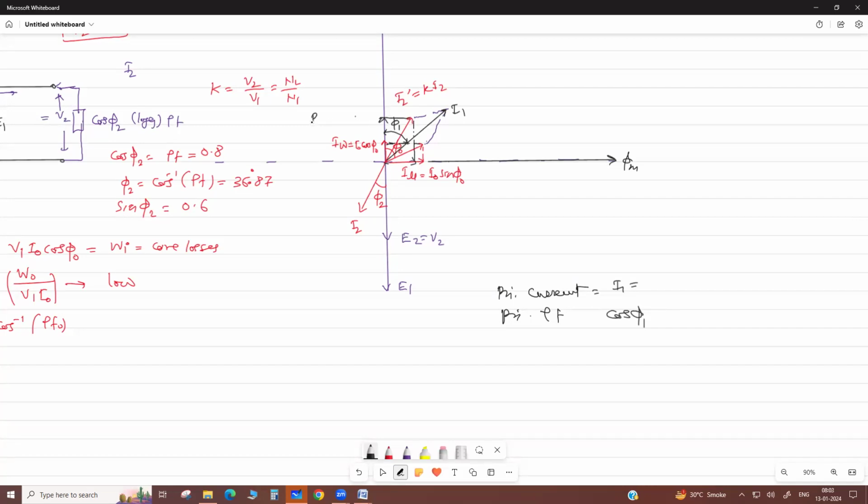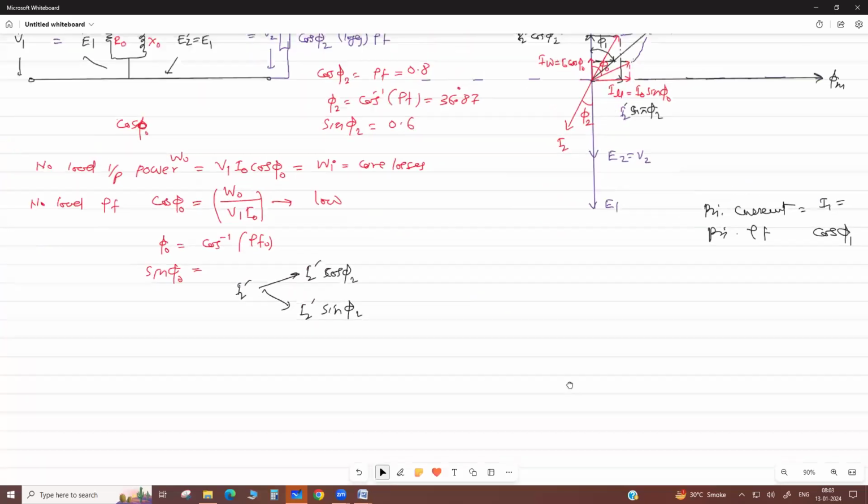So you find I2 dash cos phi 2, and here also I2 dash sin phi 2. It's two components. Okay. Then I2 dash also we calculate two components: I2 dash cos phi 2 and I2 dash sin phi 2.